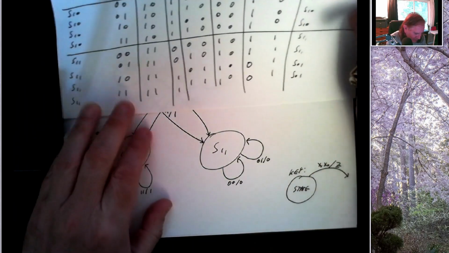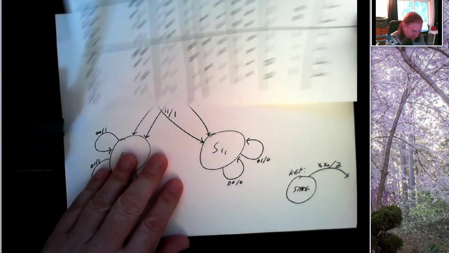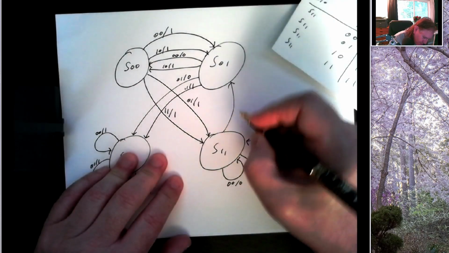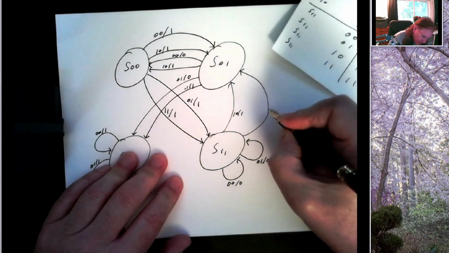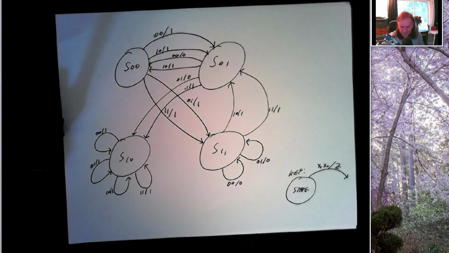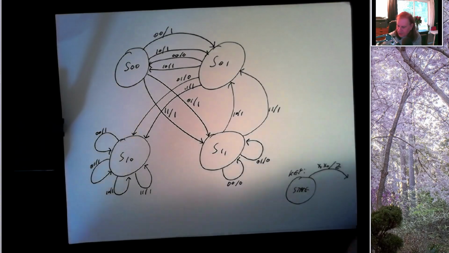And then it looks like the last 2 situations, we go to state S01, and our output is a 1. So we've got 2 more transitions here. This is a 1, 0, output a 1. And this is a 1, 1, output a 1. And there we go. There's the complete analysis of our state machine.